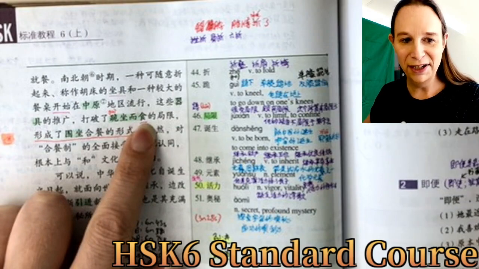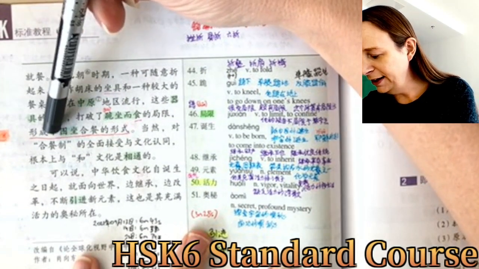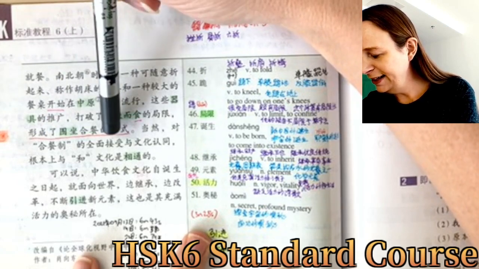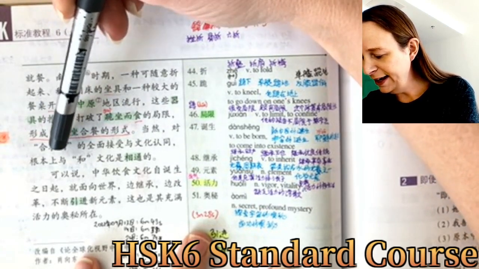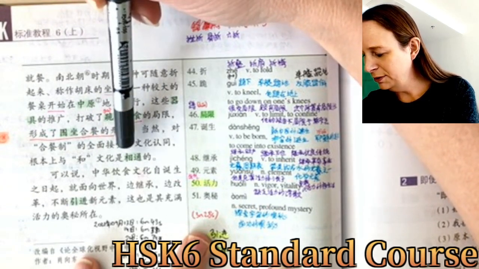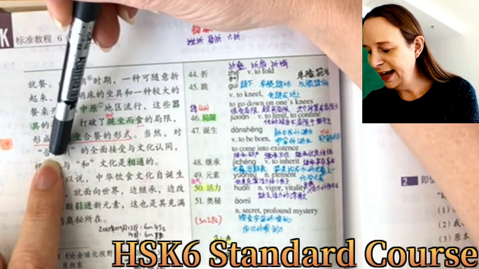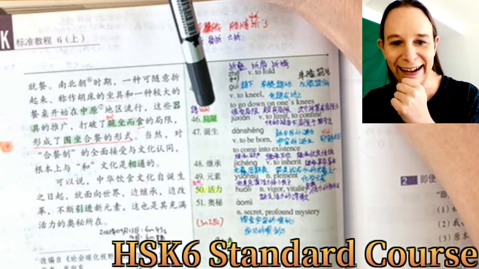Yeah, this 食 can also be a verb. 形成了围坐合餐的形式。当然，对合餐制的全面接受。OK， 合餐制。No, it's not fusion food. It's eating together, right?